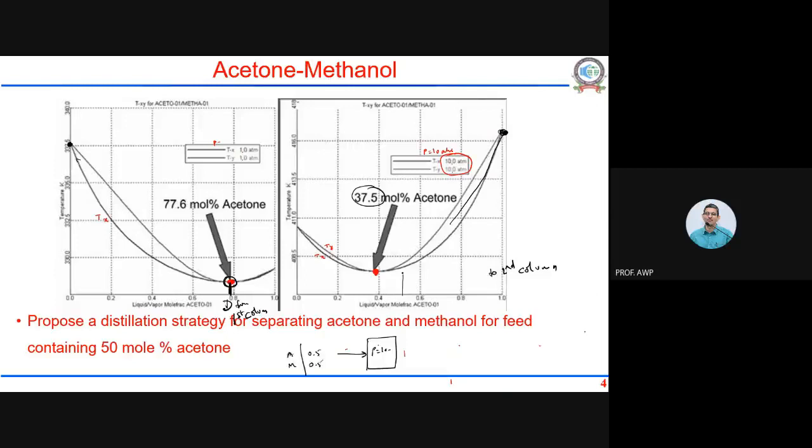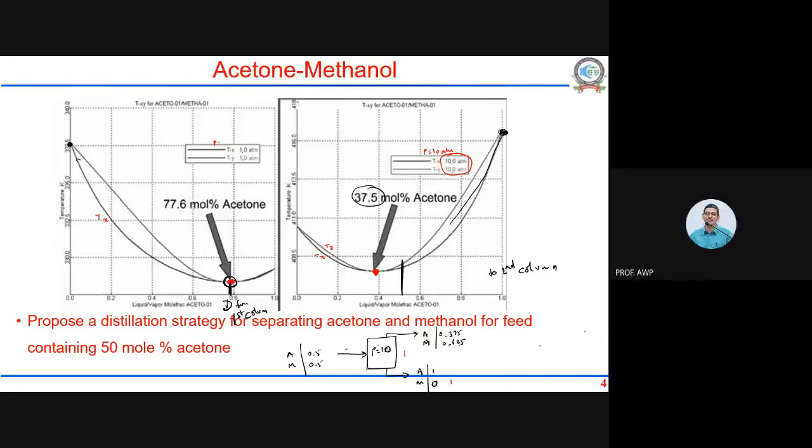We are here. Now the top of the column will be acetone and methanol 0.375, 0.625. Bottom of the column will be 1 and 0. Is that okay? Yes, sir.